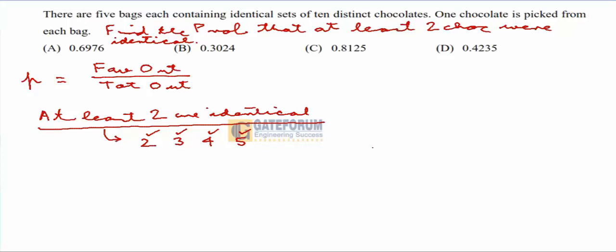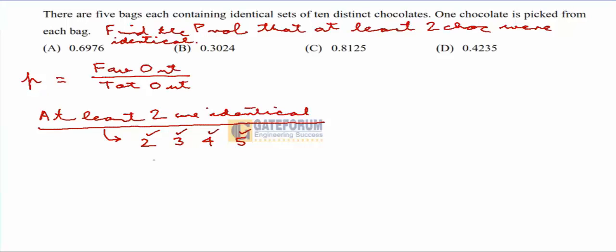So all of these cases are okay. But to find this out directly, I will have to find first the probability that 2 chocolates are identical, then the probability that 3 chocolates are identical. Likewise, I will have to find 4 cases, which can be a pretty lengthy thing, and you shouldn't provide that much time for each question of general ability in GATE.